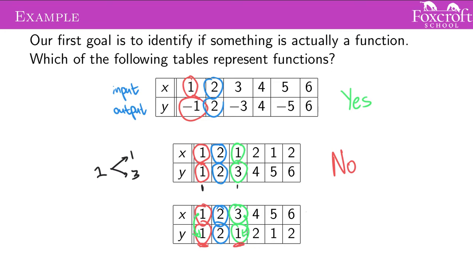There's not another case where 3 also goes to 2. That's what would make this not a function. But in this case, every single input, they're all different inputs and they're going to exactly one output. Some of them have the same output, but it's only 1 per input. All right, so that's what does make this a function.